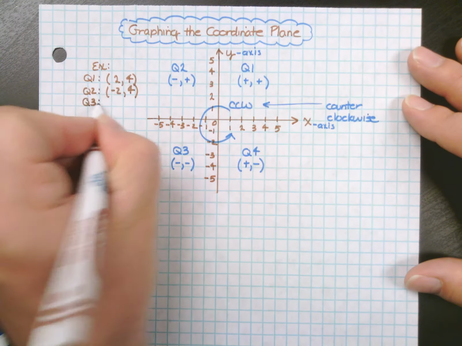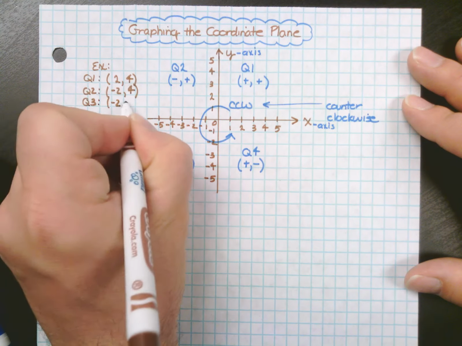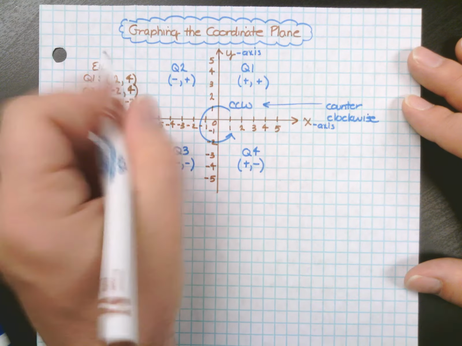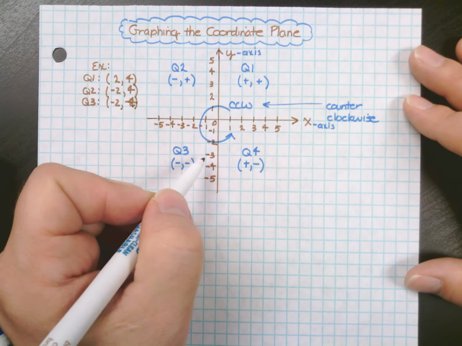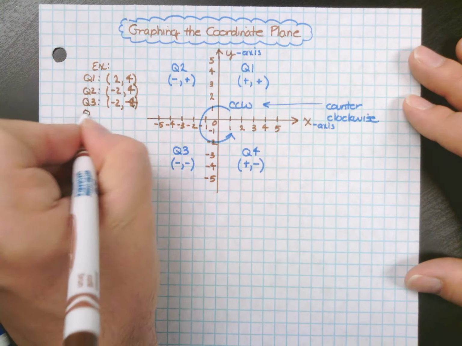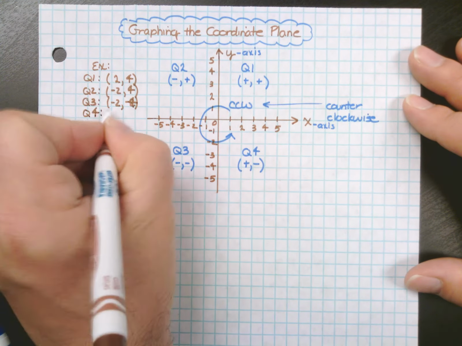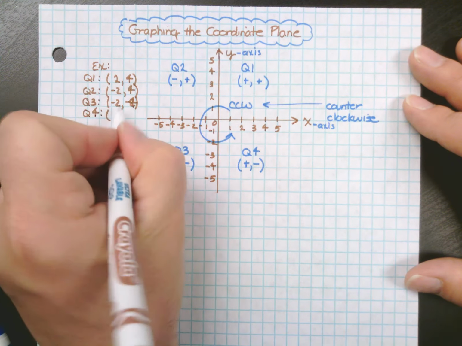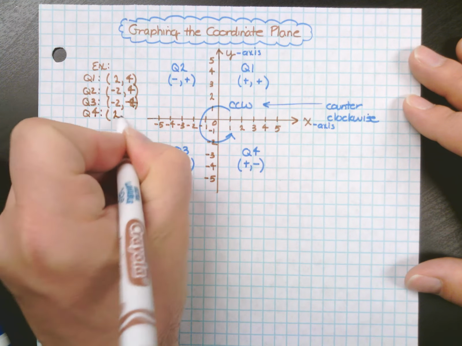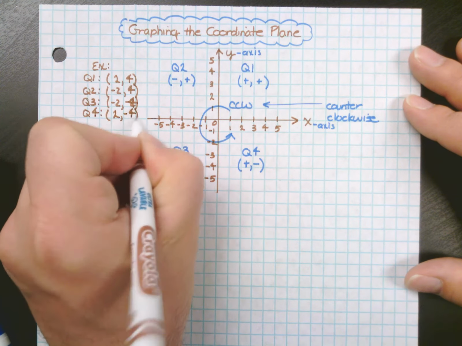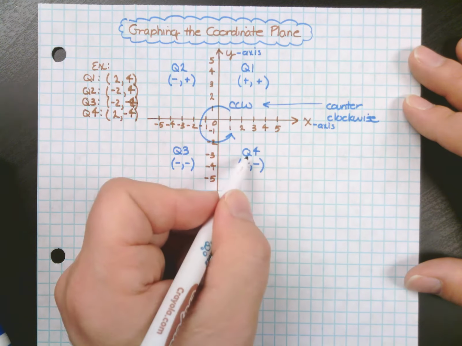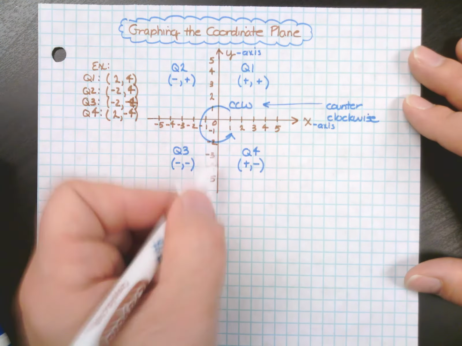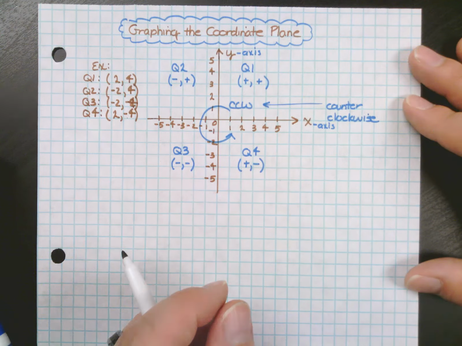In quadrant 3, both are negative because now we've flipped over or reflected over the x-axis. And quadrant 4 is a positive 2 and negative 4, which shows us that we're moving this quadrant 1 and reflecting over the x-axis, and so only the y value becomes negative.